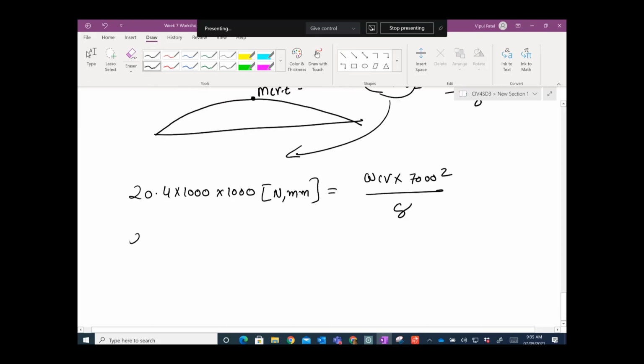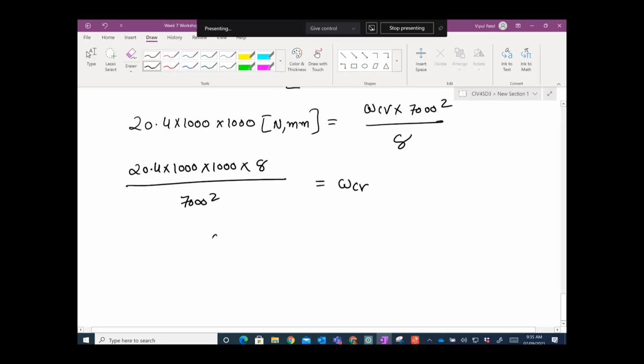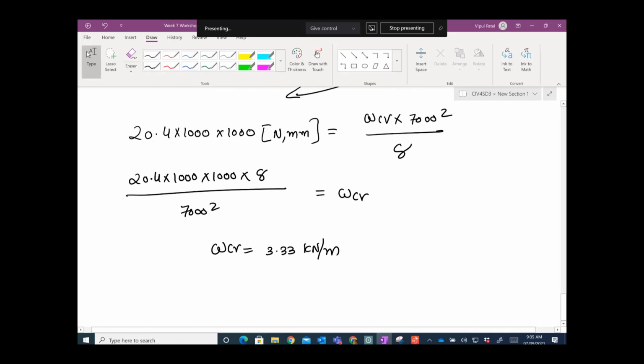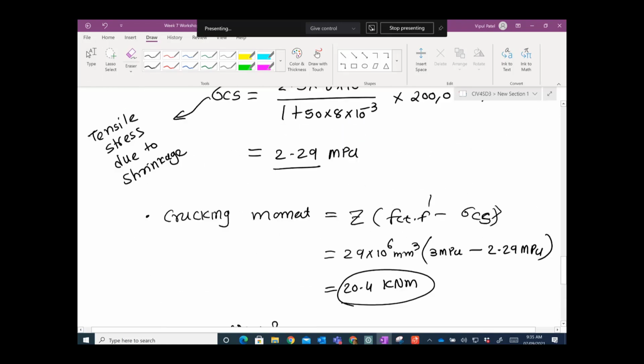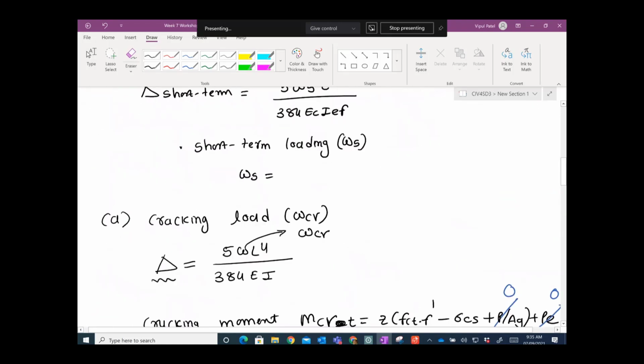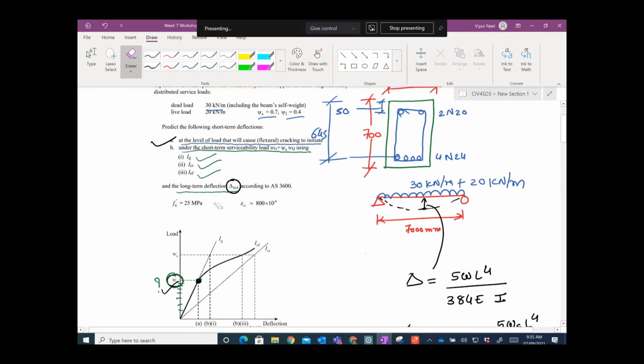If you just simplify that, 20.4 times 1000 times 1000 times 8 over 7000 squared, you get W crack. So that is the first answer. W crack equal to 3.33 kilonewton per meter. So basically, when the beam gets 3.33 kilonewton per meter, your first crack will appear. So that's the first answer we've done.